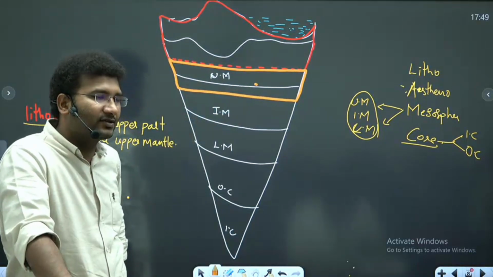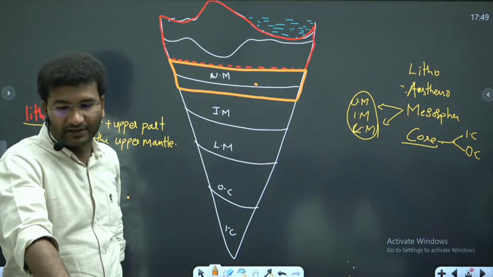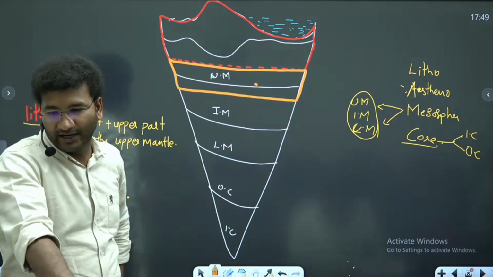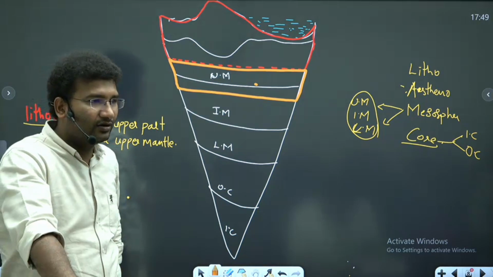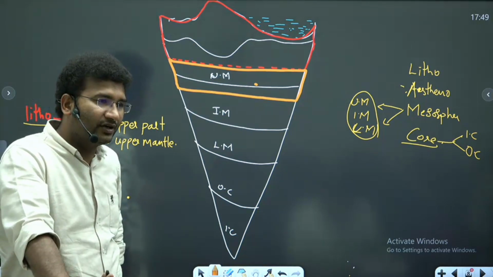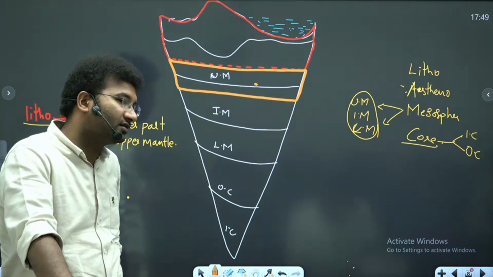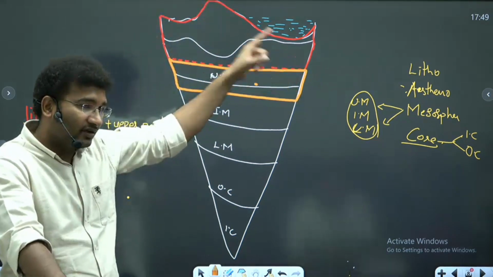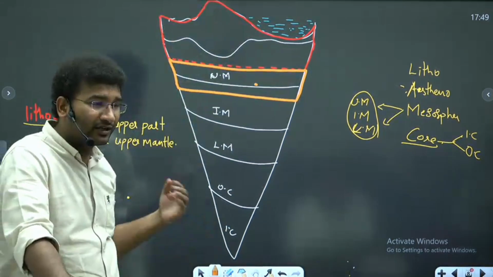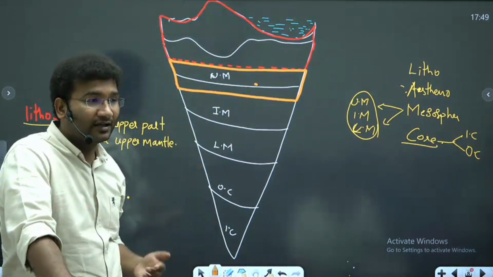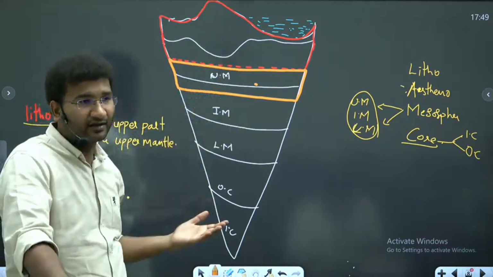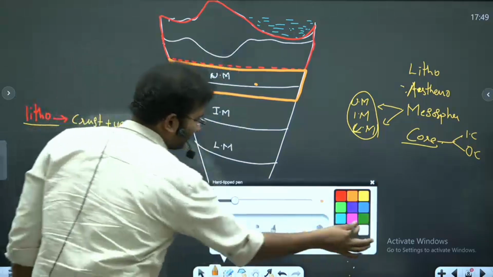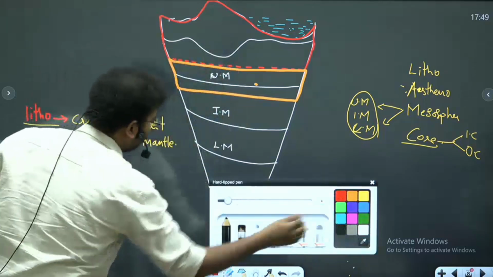Now this is what is called as asthenosphere. Right? You might have seen the discontinuities. Your discontinuities are based on what? They are based on chemical compositions. Okay? Here we are not looking into the chemical composition. Here we are looking into the mechanicality. Is this solid, is this liquid, what is it? So, I'll call this as astheno.